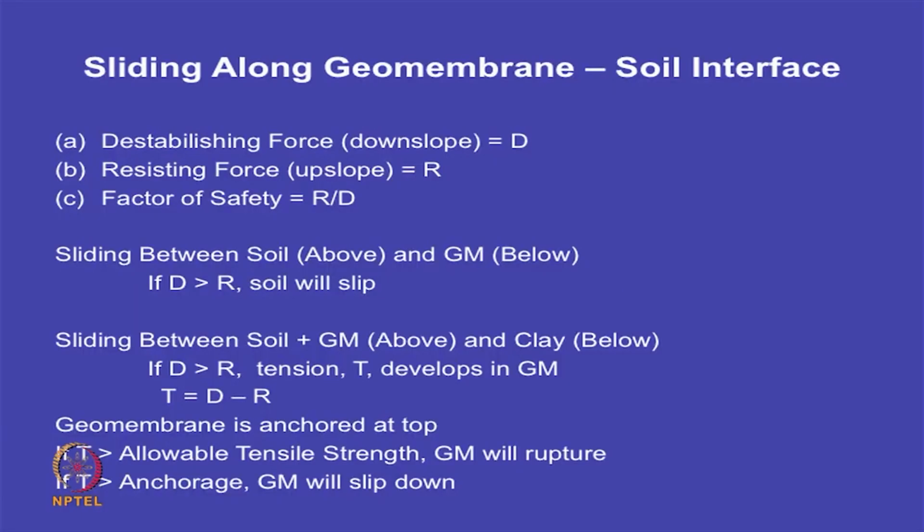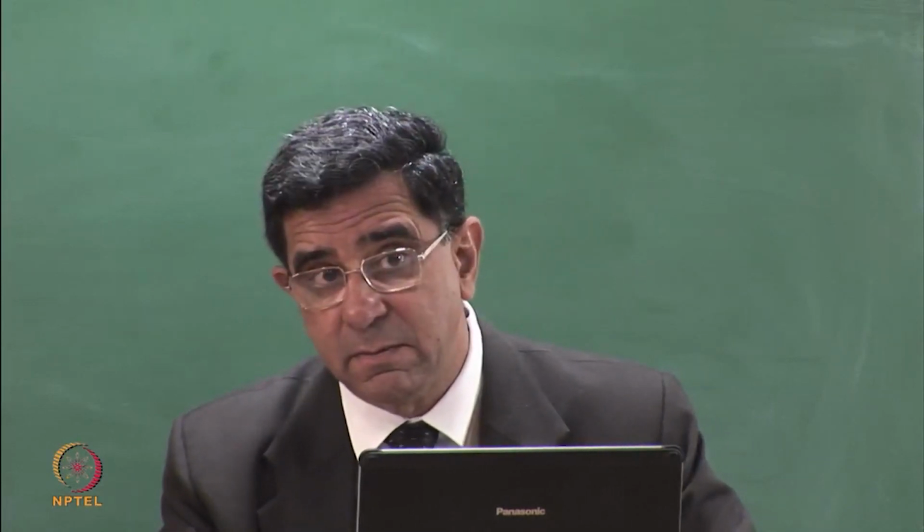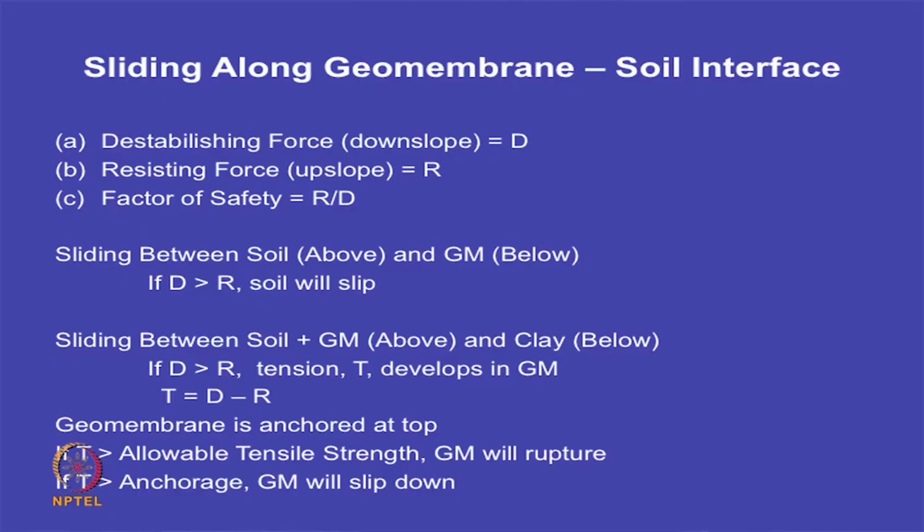We also remember we talked about the driving force and the resisting force and the factor of safety being the ratio of the two, and if the driving force is more than the resisting force, we said we can use a reinforcing element which will take some tension. Now please understand, geomembranes can take some tension, but they are not designed to be reinforcement. You remember a geomembrane, if you pull it, for it to get its full yield strength, how much does it elongate?